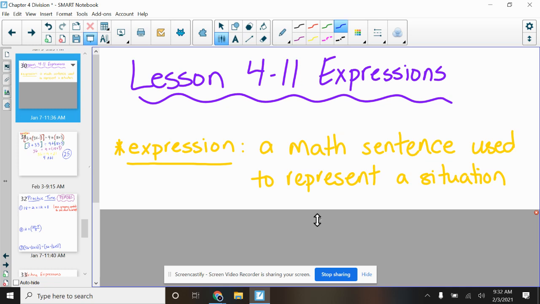Okay, so as you can see from what you just took in your notes, an expression is a math sentence.